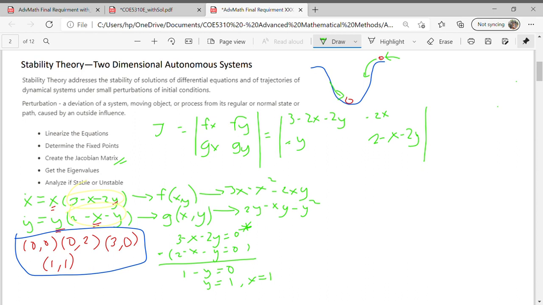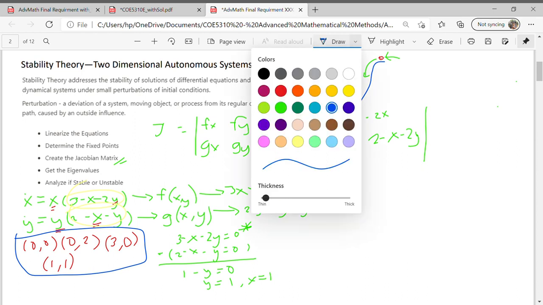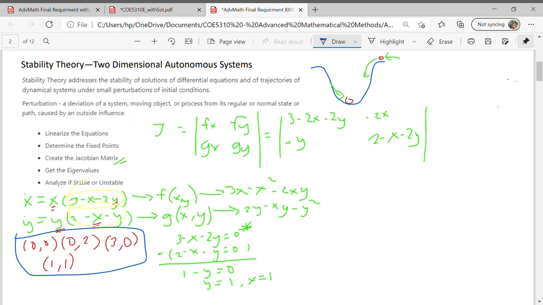Now we solve for the Jacobian matrix for each critical point. At 0, 0, our Jacobian matrix is equal to 3, 0, 0, 2.